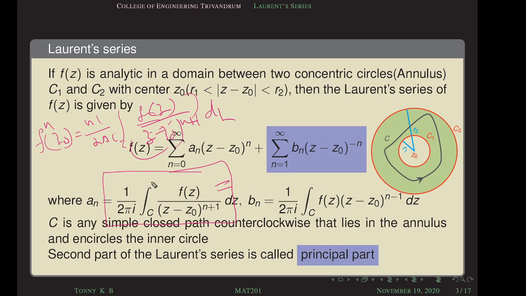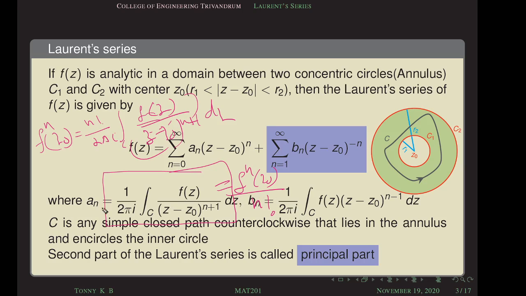An in terms of fn of z naught എന്ന് പറഞ്ഞേ. fn of z naught, this is our an. fn of z naught by what? ഇത് കിട്ടണമെങ്കിൽ എന്തുകൊണ്ട് ഡിവൈഡ് ചെയ്യണേ? ഇത് കിട്ടണമെങ്കിൽ ഈ ബൈ n ഫാക്ടോറിയൽ, റൈറ്റ്? ഇത് ക്ലിയർ അല്ലേ?